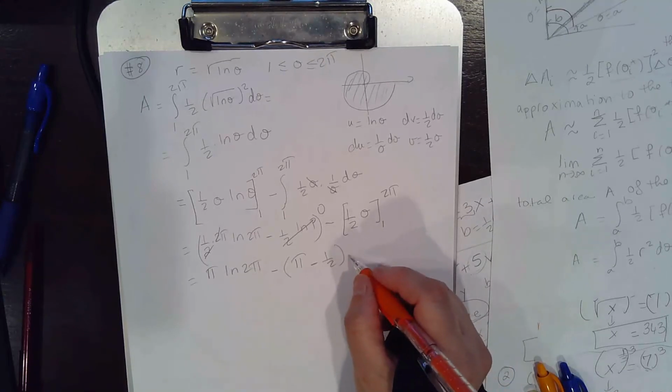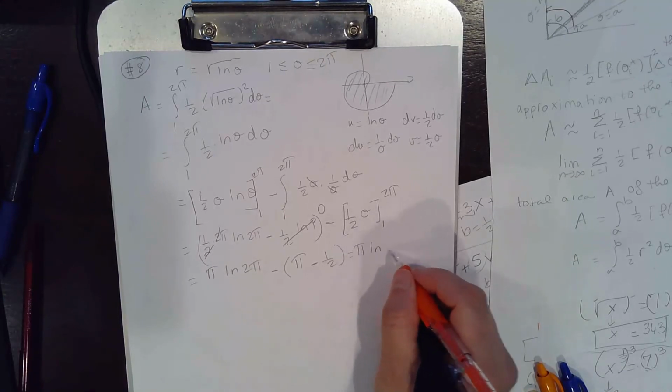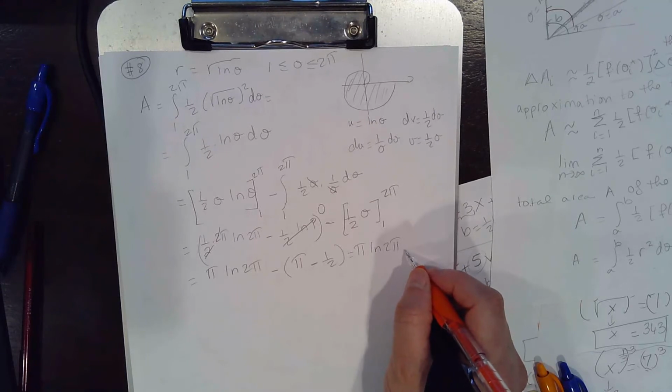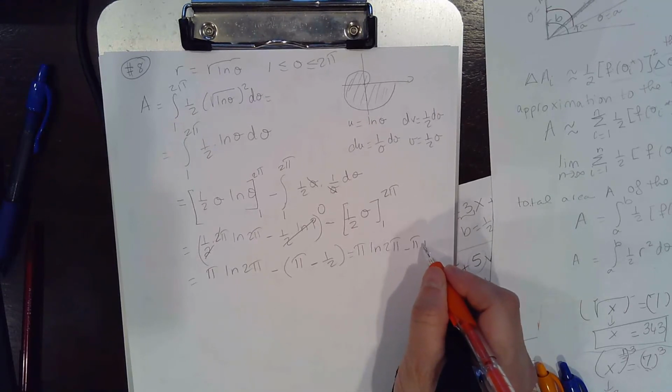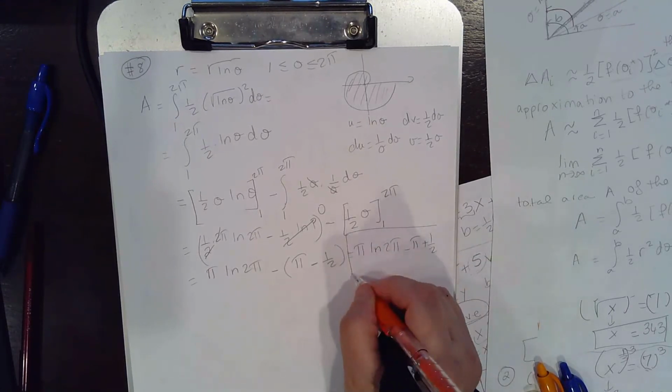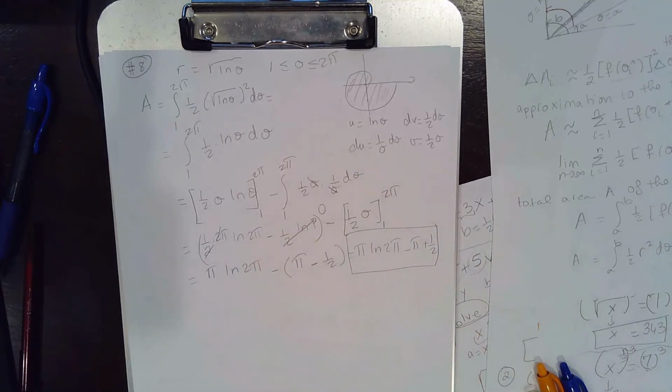So that gives us pi ln 2 pi minus pi plus 1/2. So this is number 8.